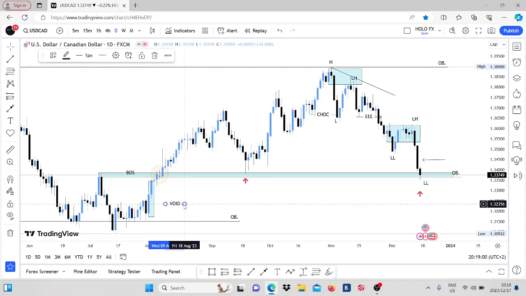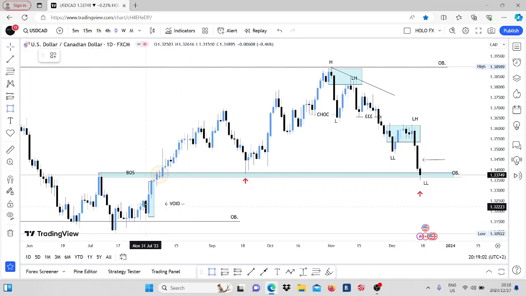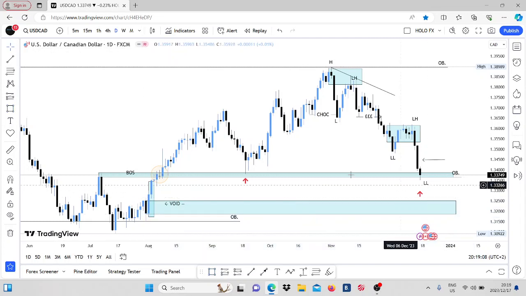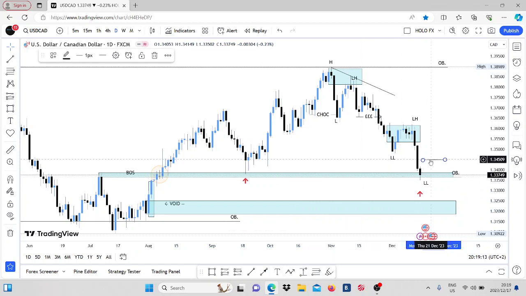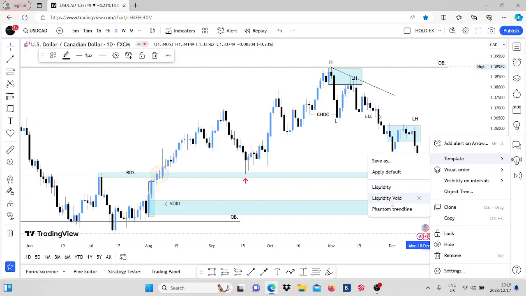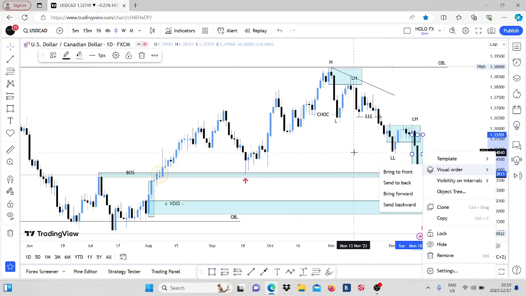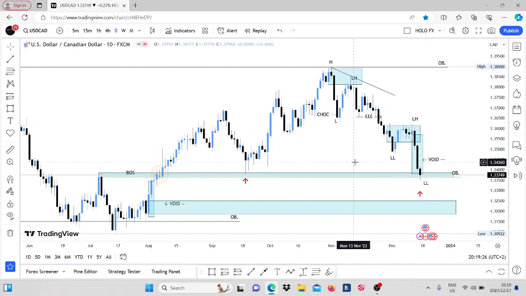And properly we have a solid order block, right? So my projection is, when price dropped like this, it left the void, right?